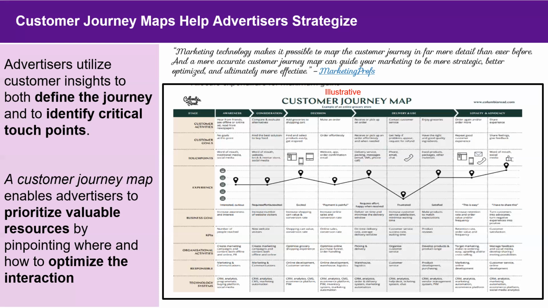Customer journey maps also help us prioritize resources by helping us pinpoint where, again, we can optimize, we can enhance, we could reevaluate a friction that a consumer is feeling as we see it mapped across all of the different phases as they move from awareness to trial, loyalty, and even advocacy.